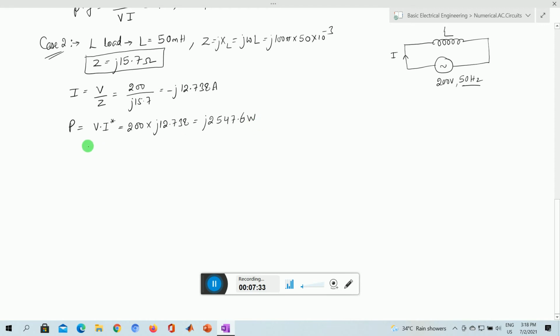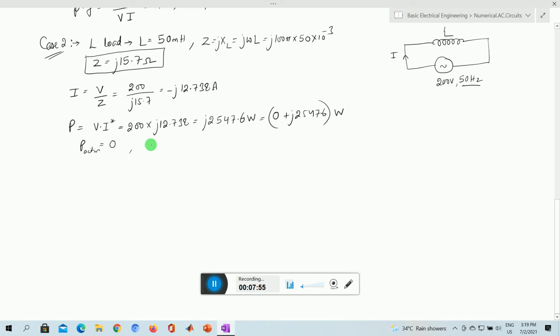So the total power is nothing but 0 plus J times 2547.6. So this is the watt. So active power is 0. P active is 0. The power dissipated is 0.